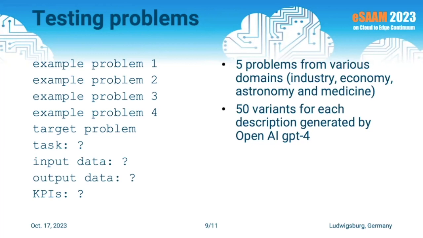But what we are trying to automatize is this: even if you have a good understanding of the domain and you know what you would like to optimize in your production, you still need to transfer this to text or to a data mining task, and implement this using machine learning and so on.